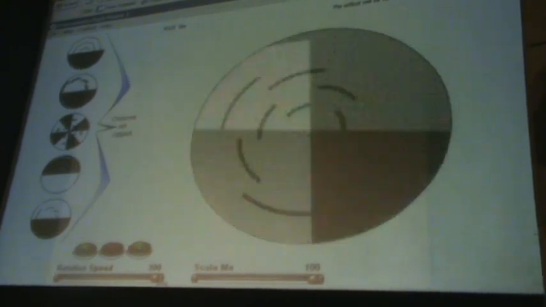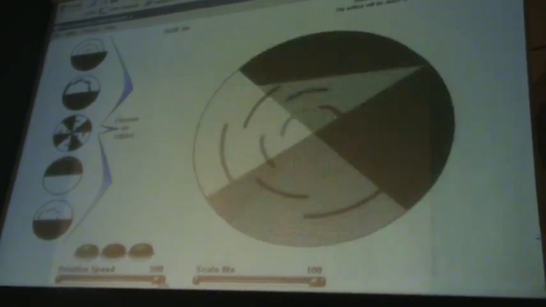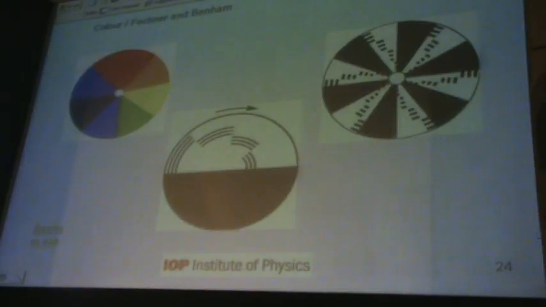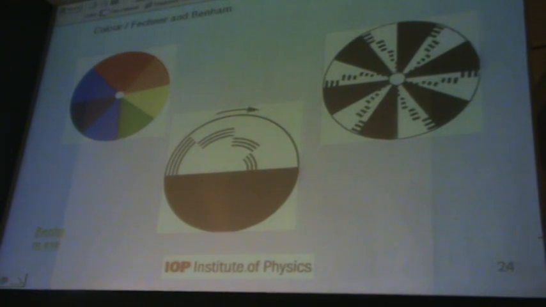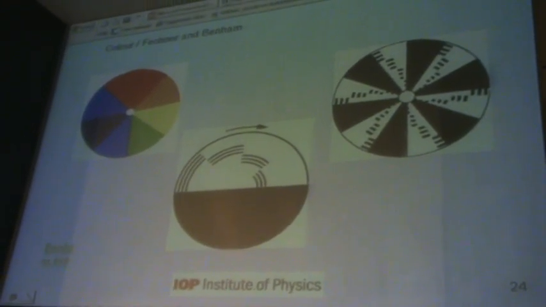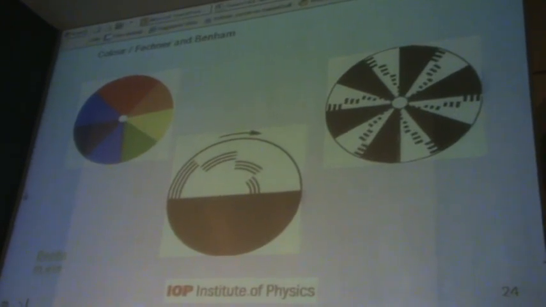It's just black and white. It maybe doesn't work quite as well with such an enormous screen. But if you look up Fechner and Benham, there's loads of stuff on the internet that can get those pictures. Right, can we move on now?